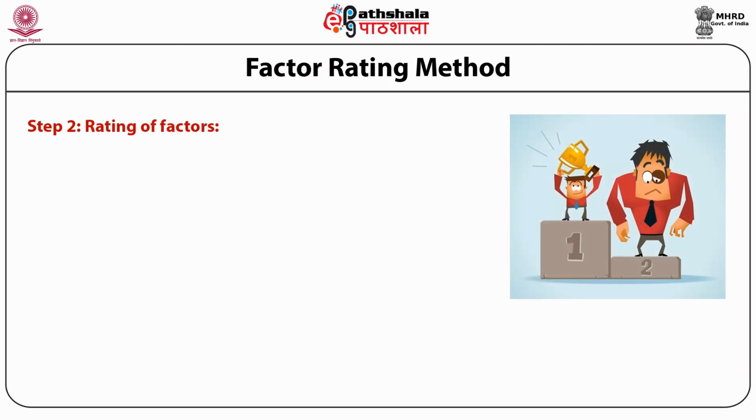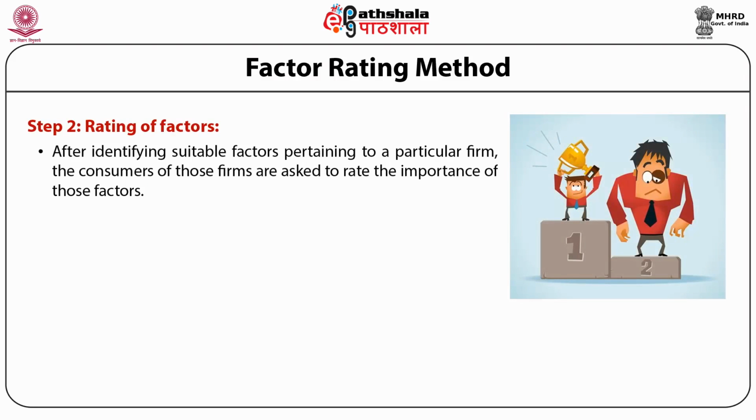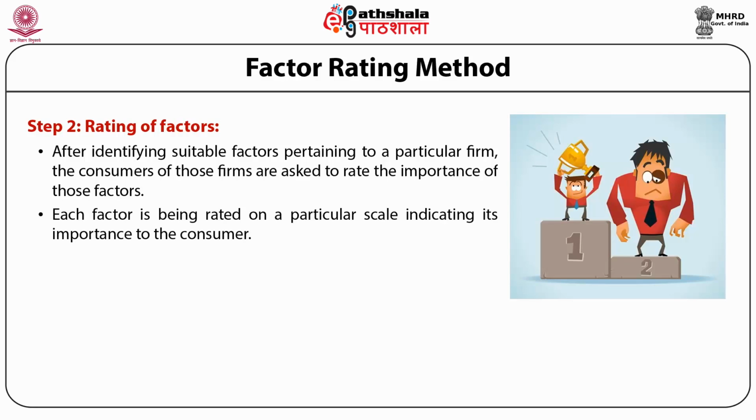Step 2 in this method is, after identifying suitable factors pertaining to a particular firm, the consumers of those firms are asked to rate the importance of those factors. Each factor is rated on a particular scale, indicating its importance to the consumer.